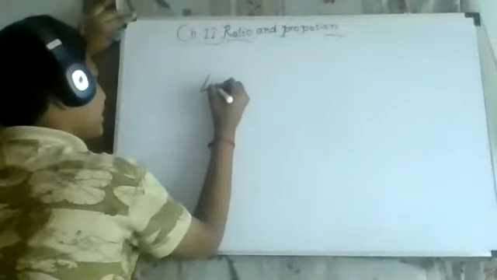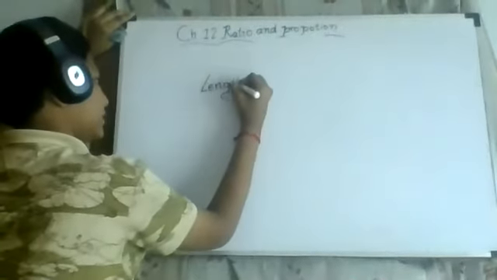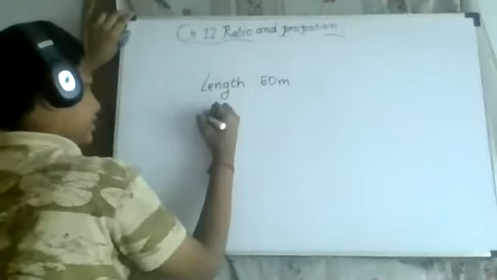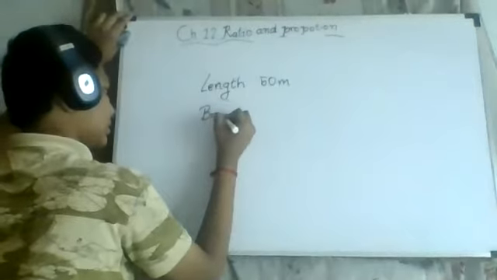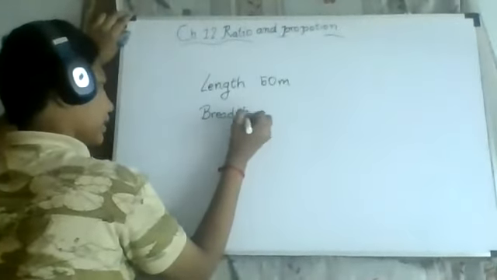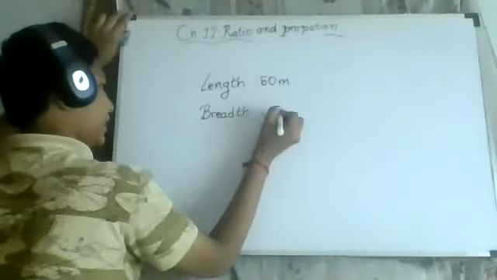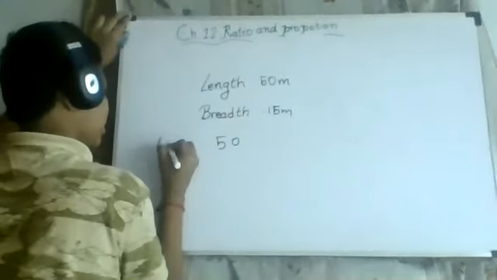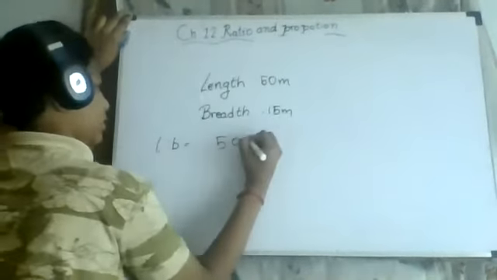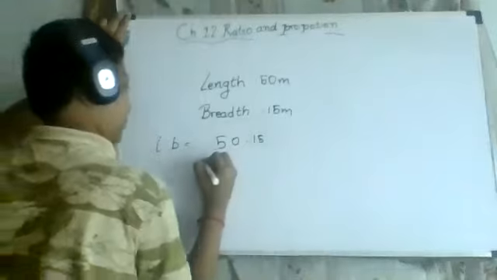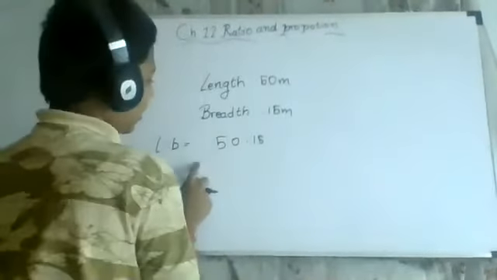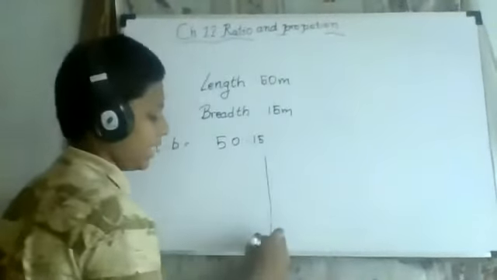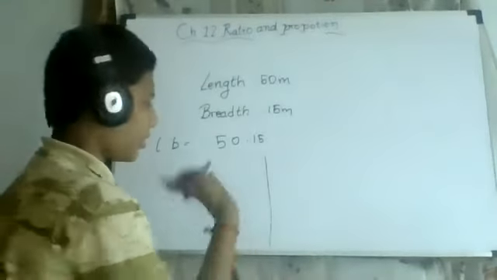They have given the length as 50 meters and the breadth as 15 meters. So the ratio will be length is to breadth equal to 50 is to 15. Now we'll be doing two methods here to find the reduced form.